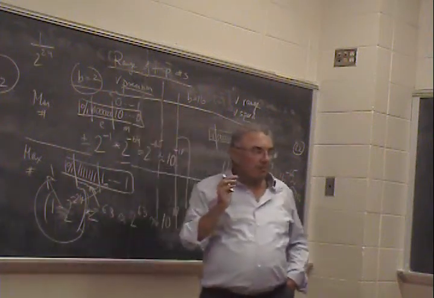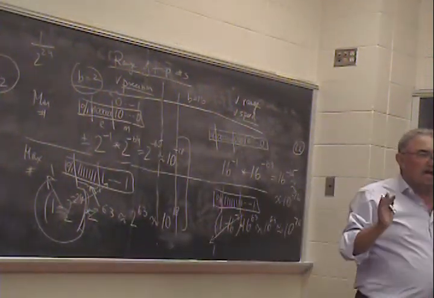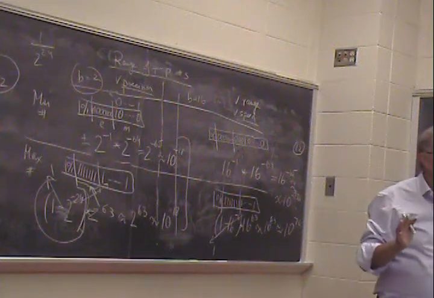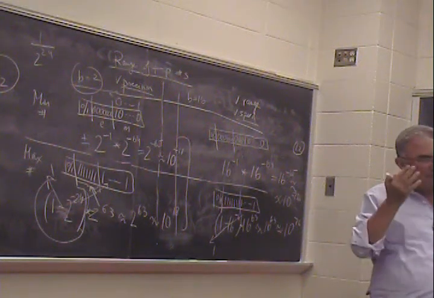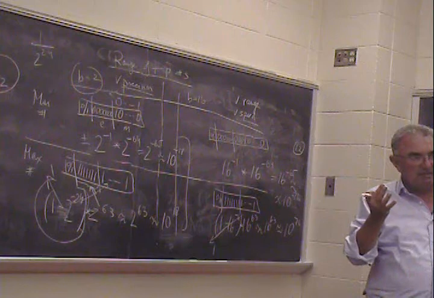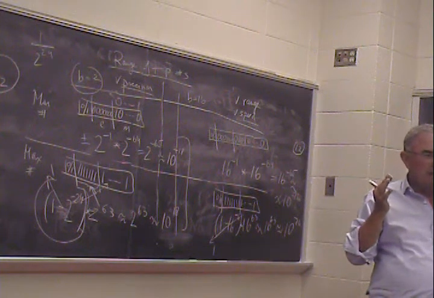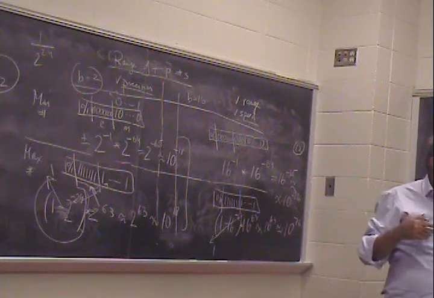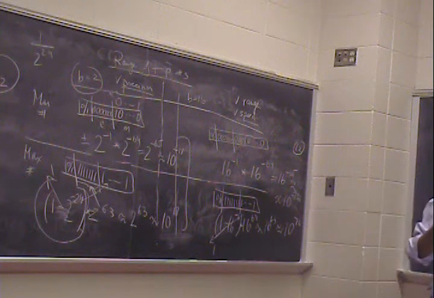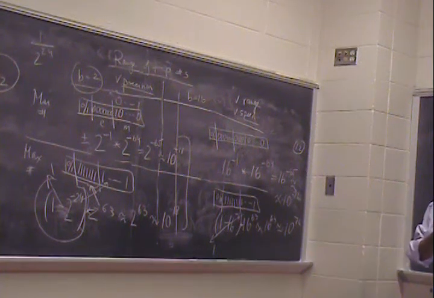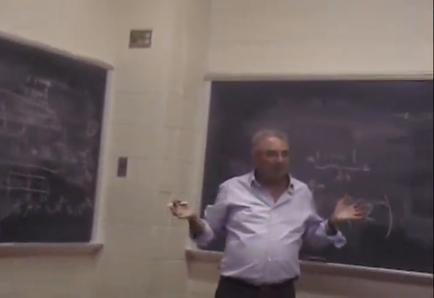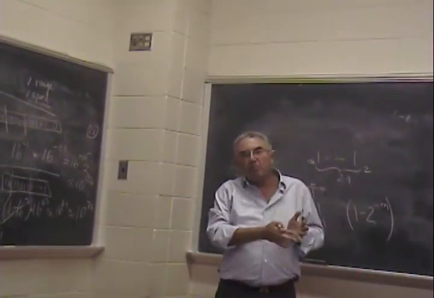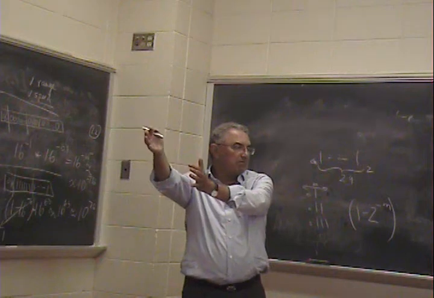Now, remember, in general life, whatever you do, Six Sigma, whatever, the difference between precision and accuracy. Accuracy means how close you come to a true value. You can be extremely precise, but way off the true value.